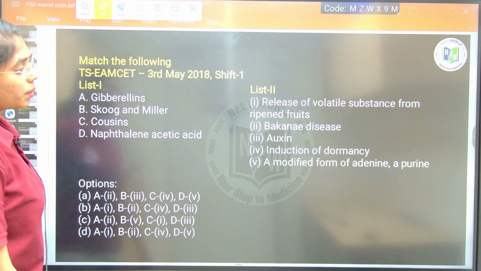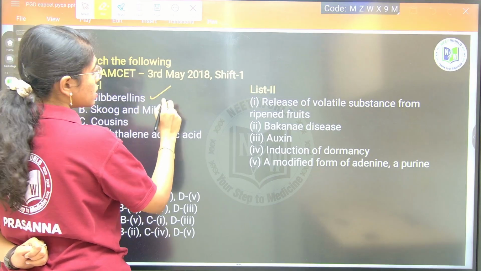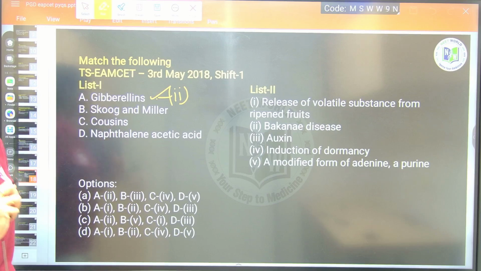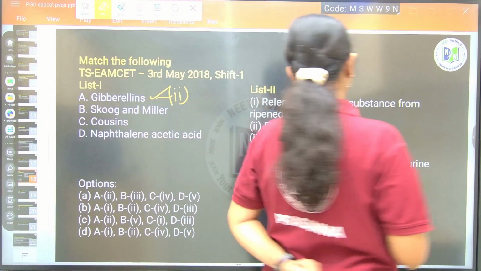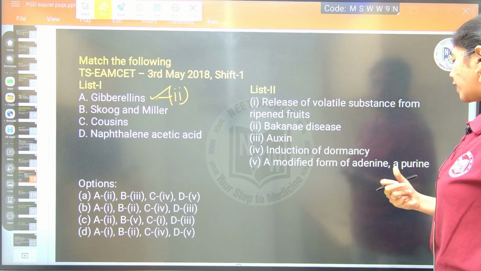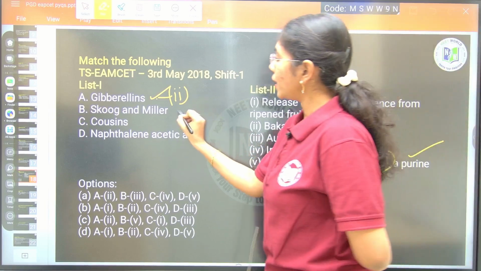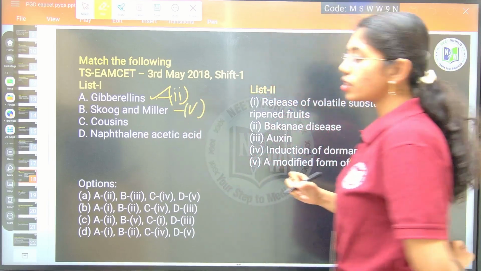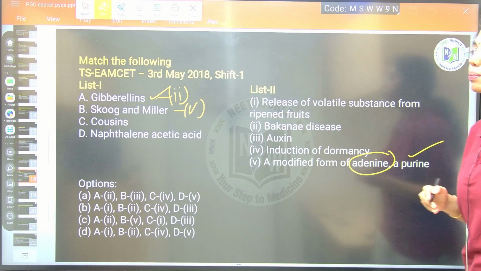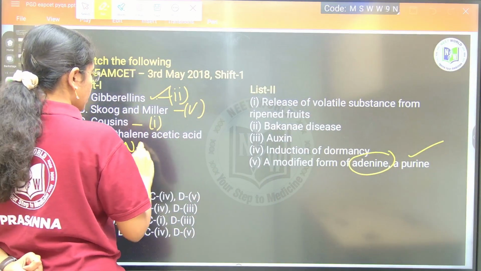Cytokinin is a modified form of adenine, a purine.